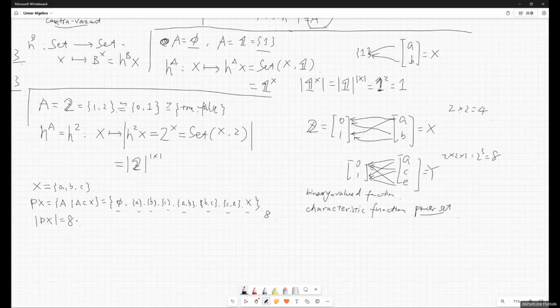So what's the characteristic function? Characteristic function is defined on the power set. If we have a characteristic function like chi_A from P(X), oh, I'm sorry, I made a mistake.